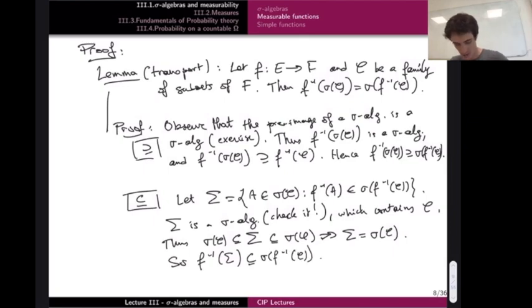This is exactly what this property says. And that's it for this lemma, actually. Okay, so that's the proof of this lemma.